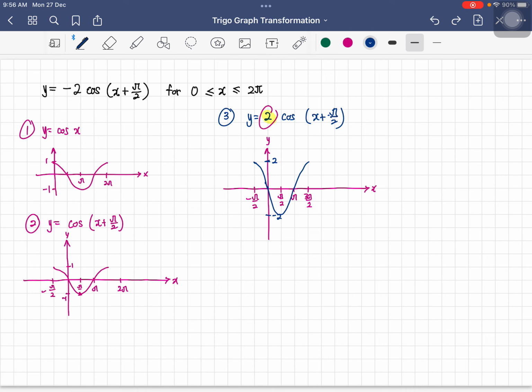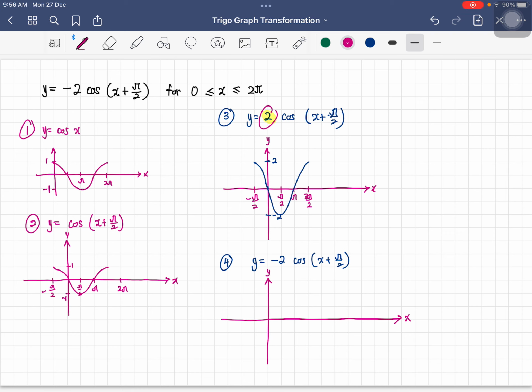But now you have the negative here, so you just need to mirror this graph, so that you will have the fourth one, which is y equal to negative 2 cos of x plus pi over 2. Therefore I'm gonna have this as something like this. So this is x.